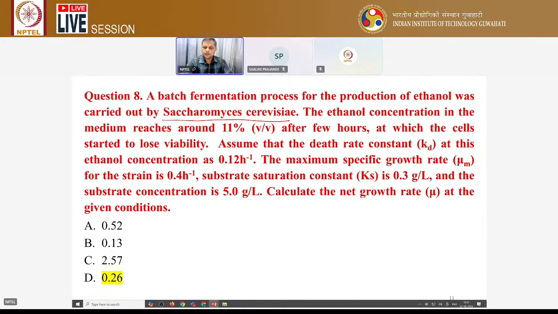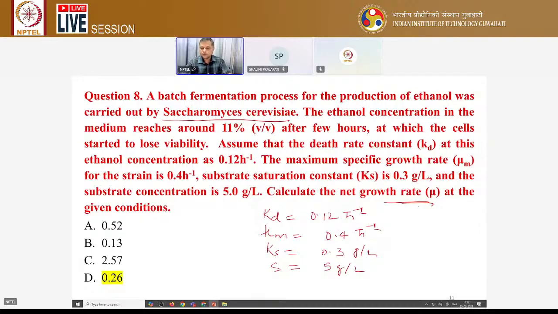Assume the Kd value as 0.12 per hour. The maximum specific growth rate, mu max, is 0.2 per hour. Ks value is given as 0.3 gram per liter. Substrate concentration is 5. Calculate the net growth rate.